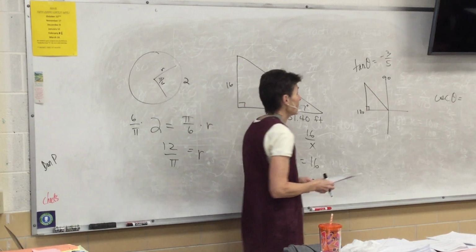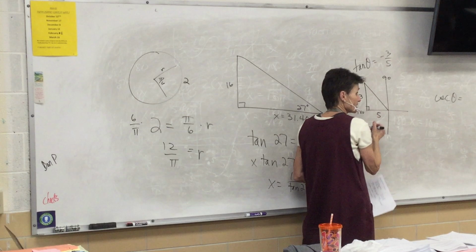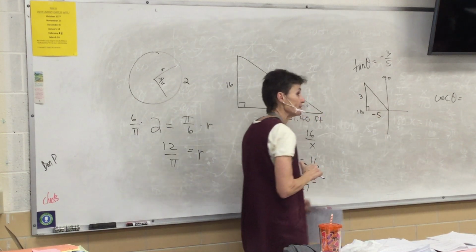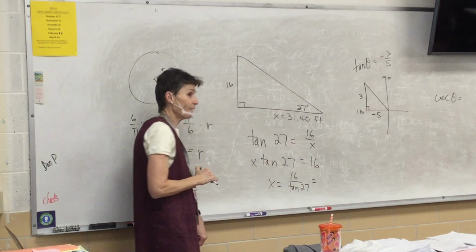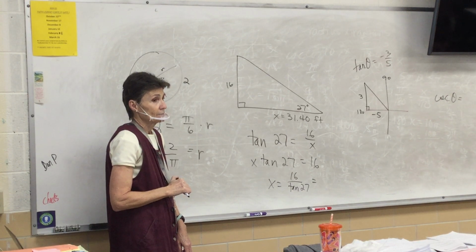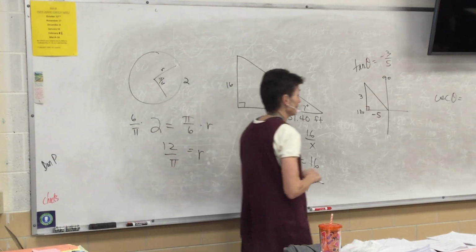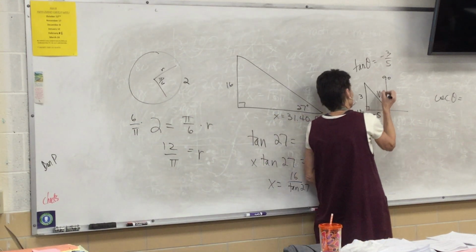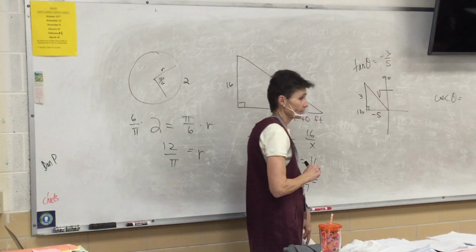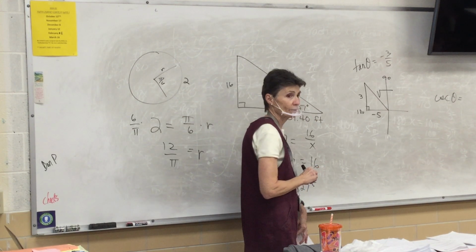Okay? And the tangent is -3/5. Now be careful, in that picture, it's the 5 that has to be negative, isn't it? Yes. What's your hypotenuse? A squared plus b squared equals c squared.